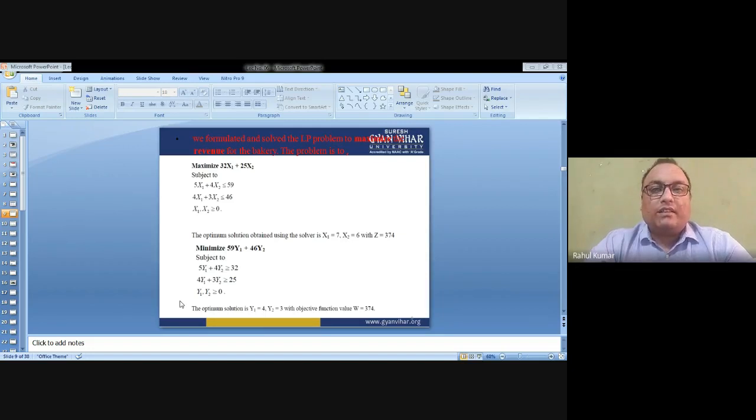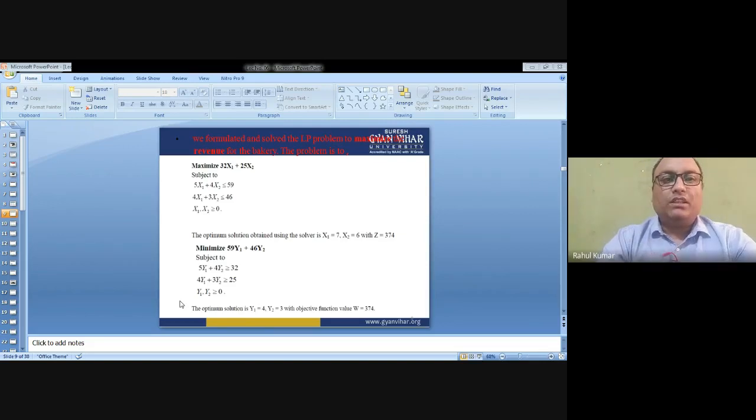This means all y1 and y2 values are taken as positive values. The optimal solution for this problem is y1 equal to 4 and y2 equal to 3 with the objective function value w equal to 374.